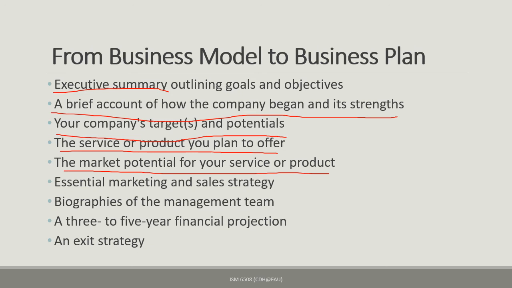The product and customer components of your business model will combine to create the section that is probably the most important section of your business plan, which is the marketing and sales strategy. Then you want to talk about the management team and a little bit about the operation, and finally the financial projections and how the investors will make money.